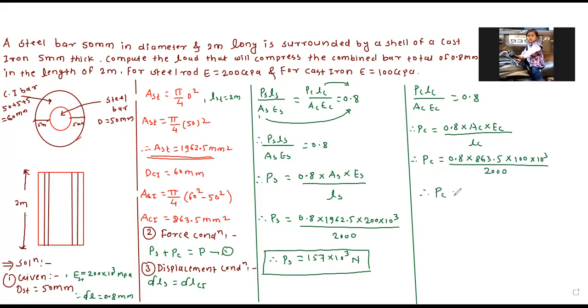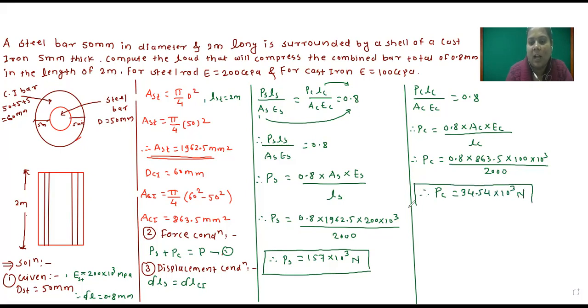Therefore load taken by cast iron rod is 34.54 into 10 raised to 3 Newton. So that much load can be carried by this cast iron rod.